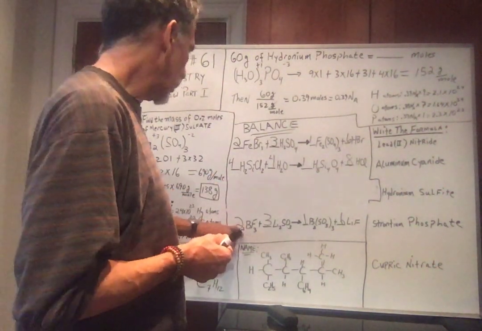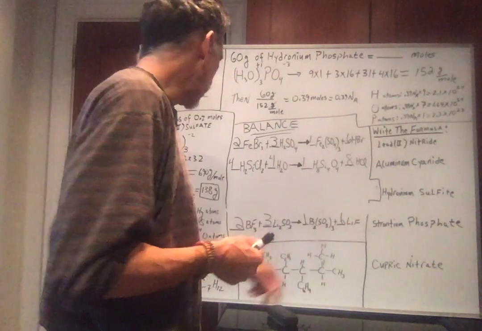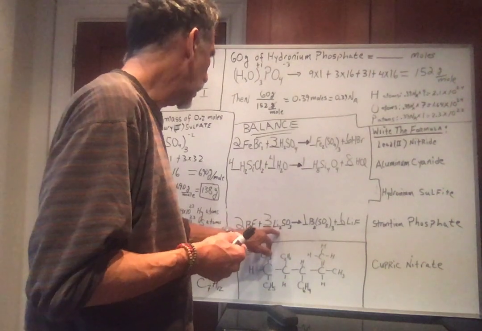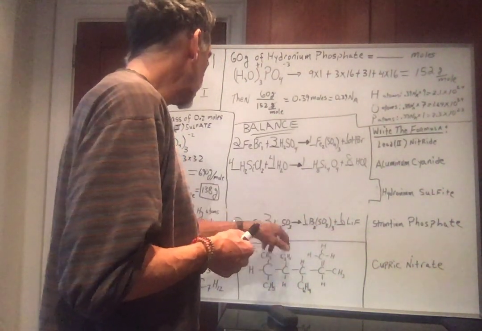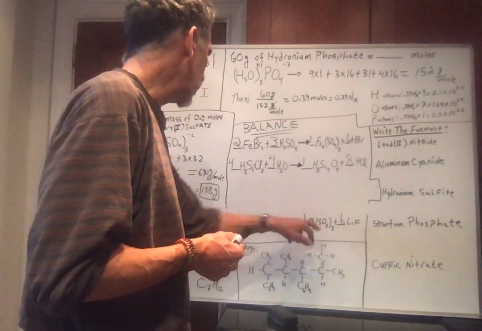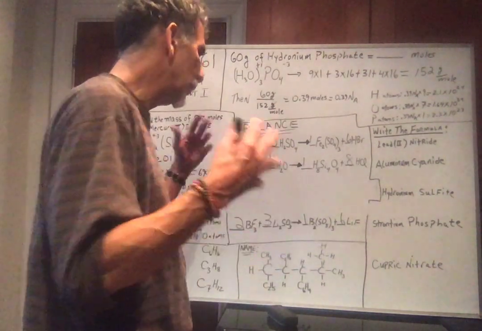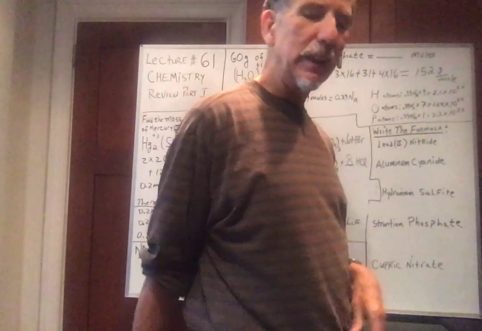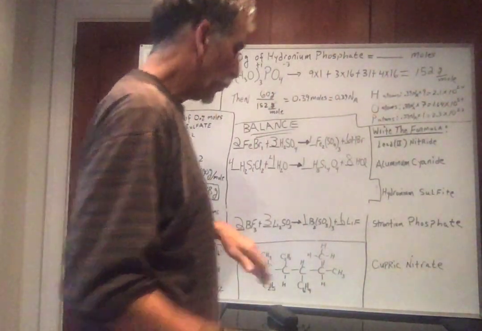Let's look at the boron, two, two times three is six fluorines, three times two is six lithiums. We did the borons. We have three sulfurs, good. Three times three is nine oxygens, three times three is nine oxygens. Yay, I did one, okay? Sorry about that. I have to pay more attention.